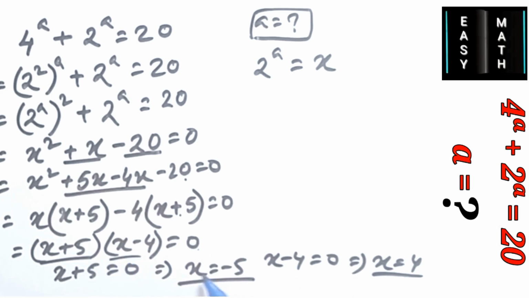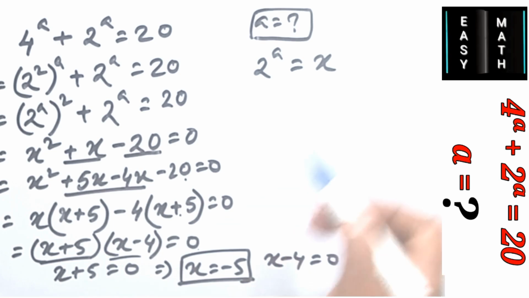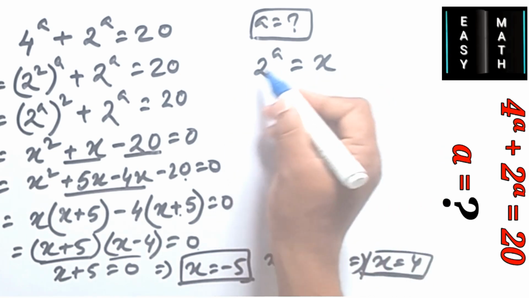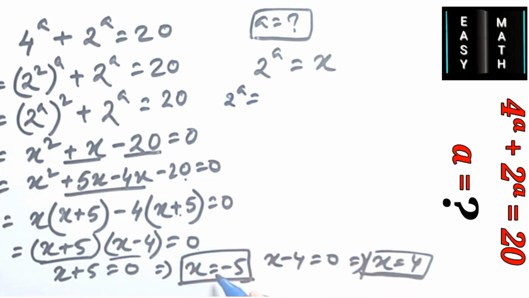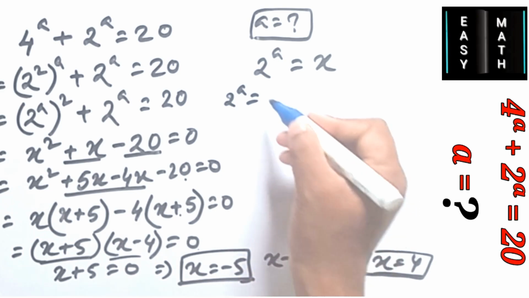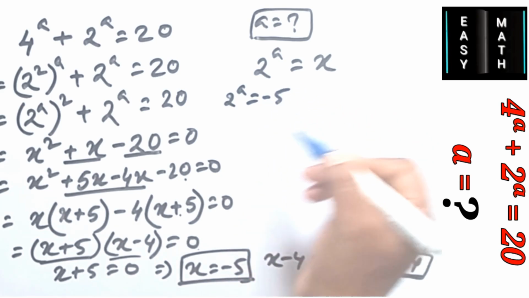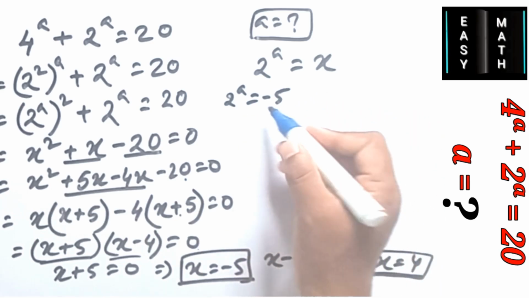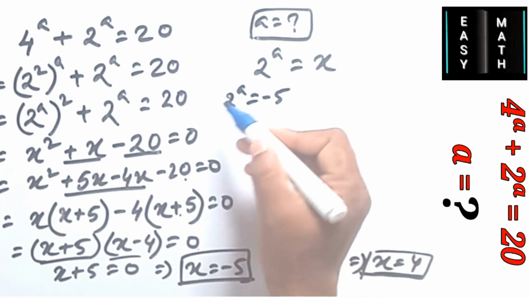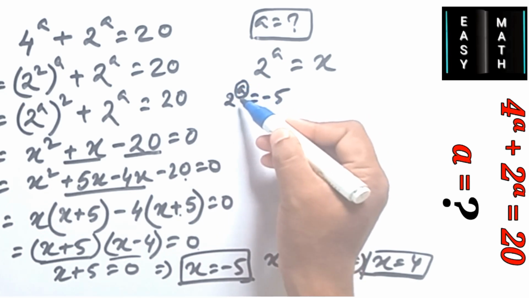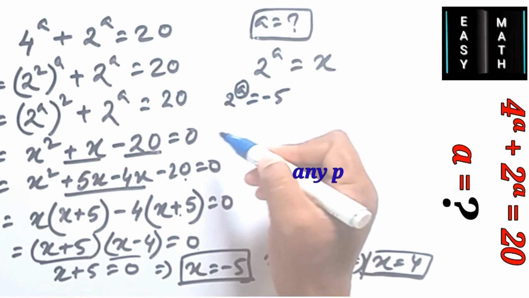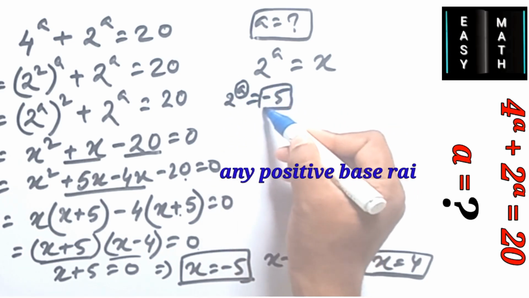This is the x value, and putting here, 2 to the power a, this is the first, minus 5. 2 is a positive number, and any power of this is positive, but there is the negative.